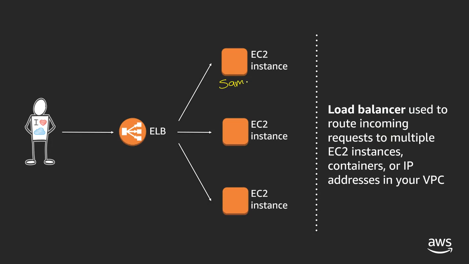I would have the same application deployed multiple times, coming from the same image, and my requests would be sent to different backend services by this load balancer service. So a load balancer is used to route incoming requests to multiple EC2 instances, containers, or IP addresses in your VPC. That is the main idea of a load balancer.